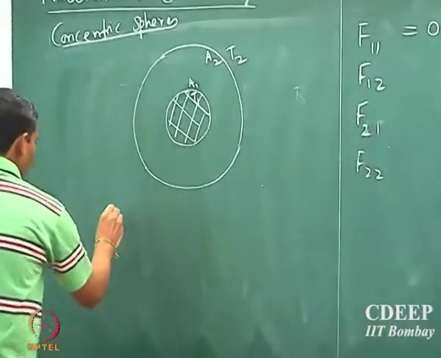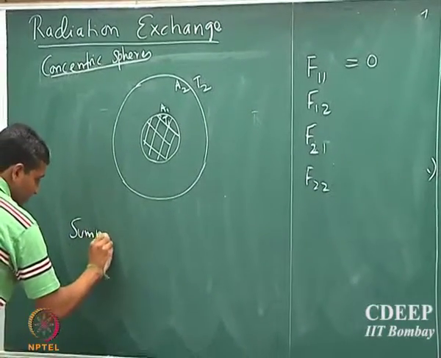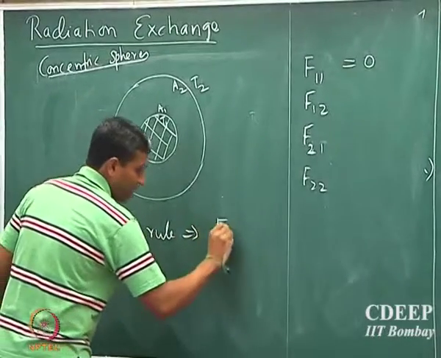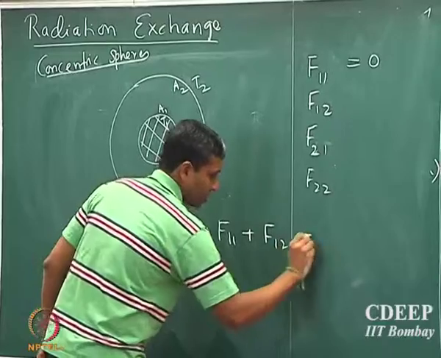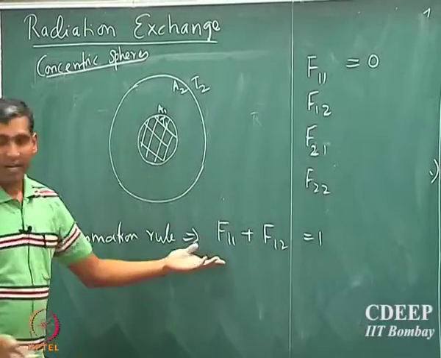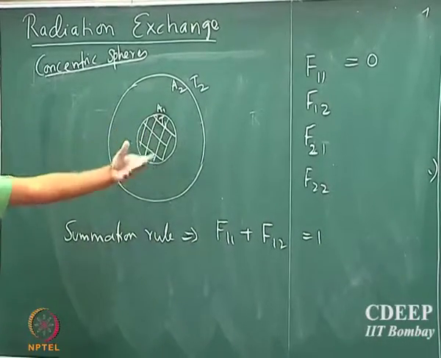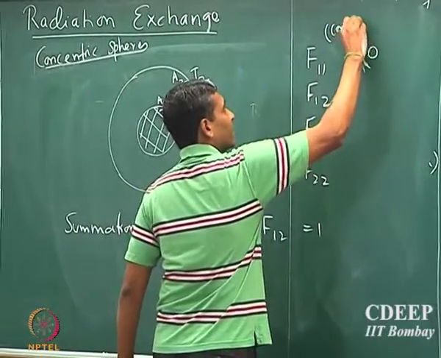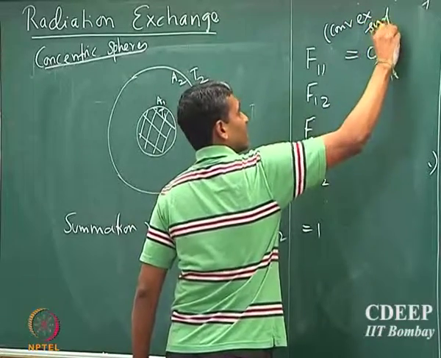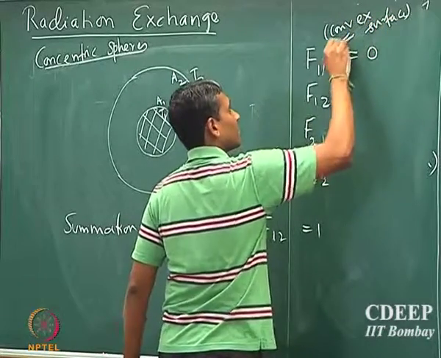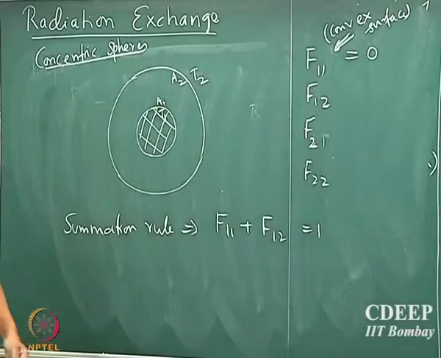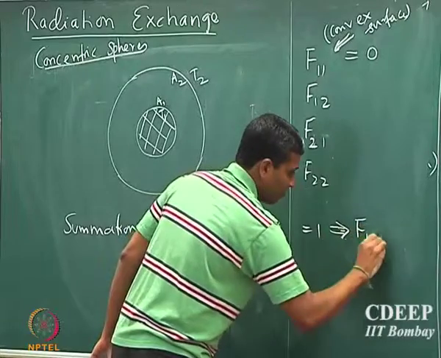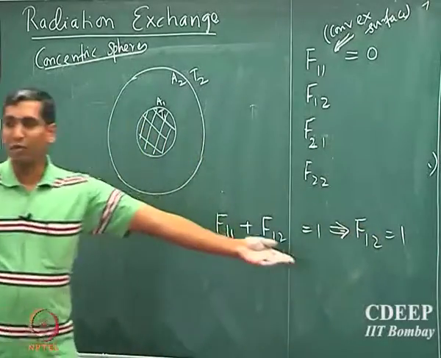So we know from summation rule F11 plus F12 is 1. But we know that F11 is 0, it is a convex surface. So F11 is 0 because it is a convex surface, and from here F12 equal to 1.